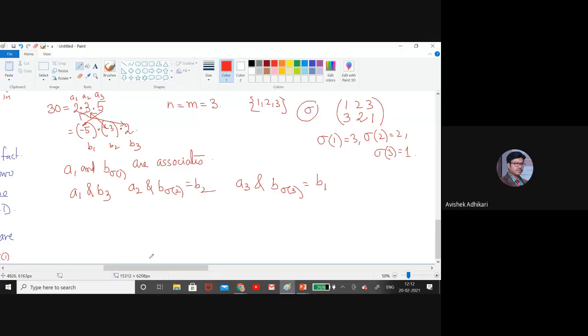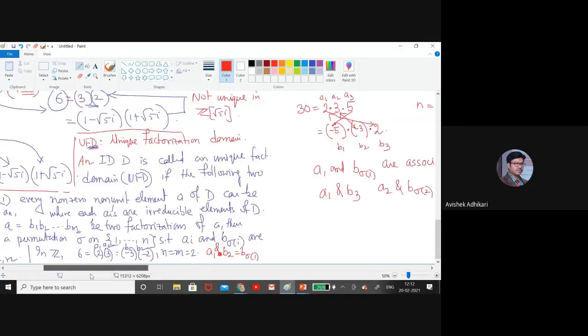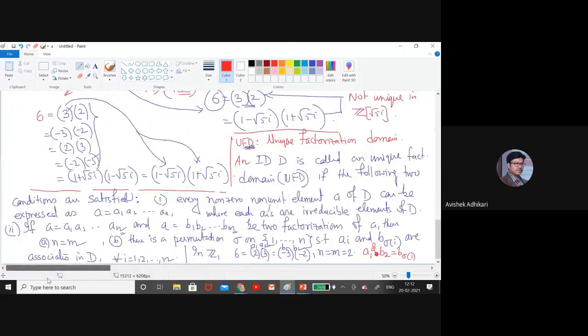So just have a look once again at the definition here for the second one, for the unique one. If A equal to A1, A2, ..., An, and A equal to B1, B2, ..., Bm be two factorizations of A, then the first property is that n must be equal to m. That means they should have the same number of irreducible elements.